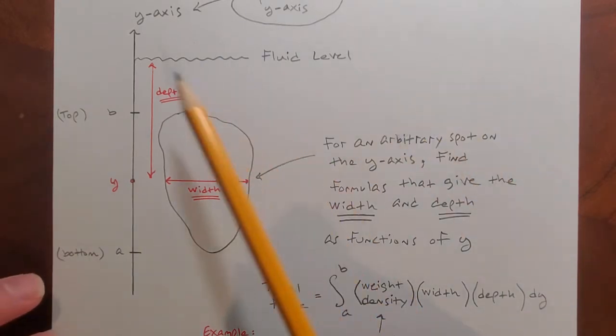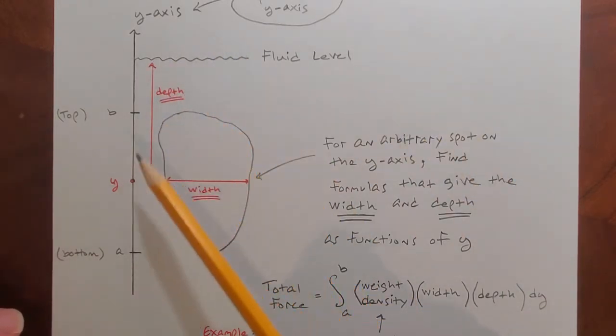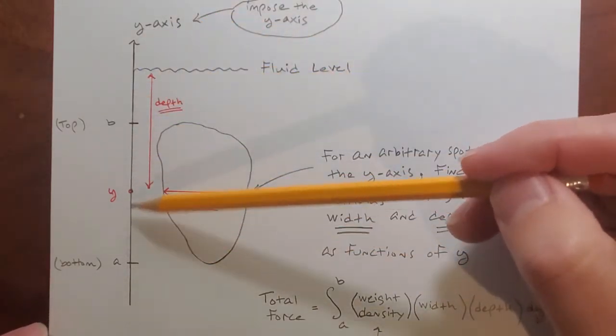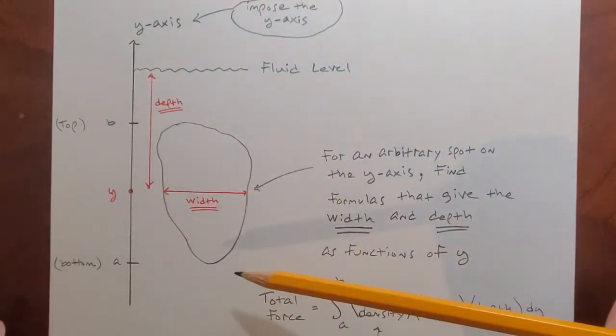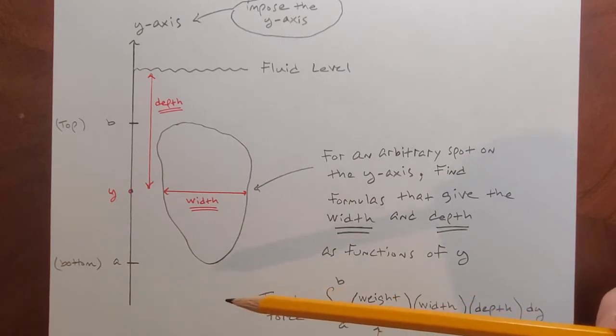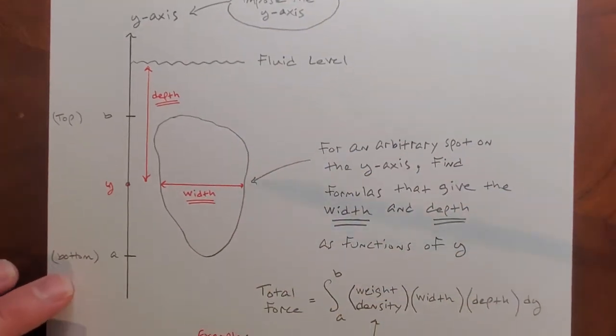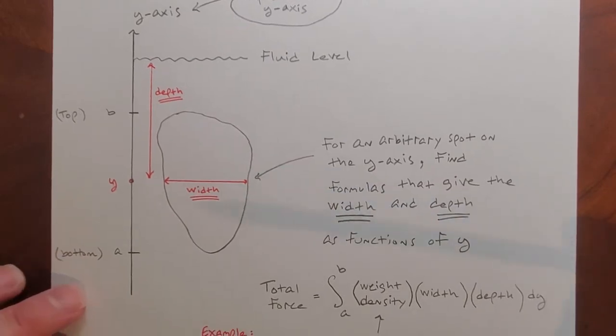We've got to figure out where the fluid level is with respect to the object. Now, imagine that you impose the y-axis somehow on that. It doesn't really matter where or how you put this on there, okay? You can probably set it up either way. Here's all that you really have to worry about.